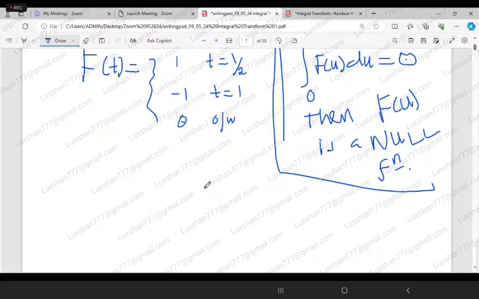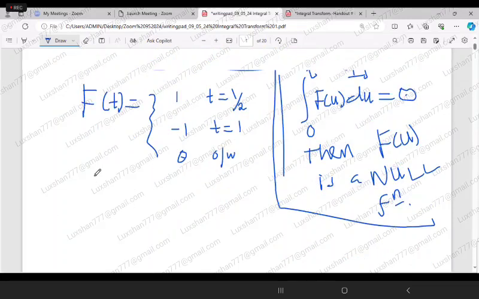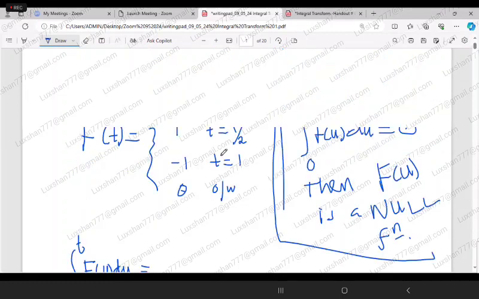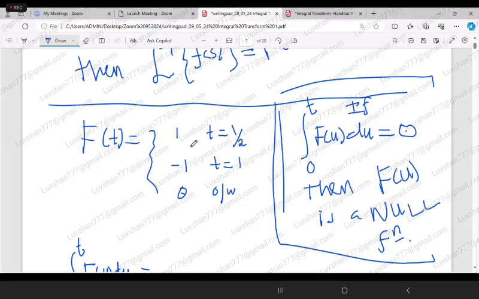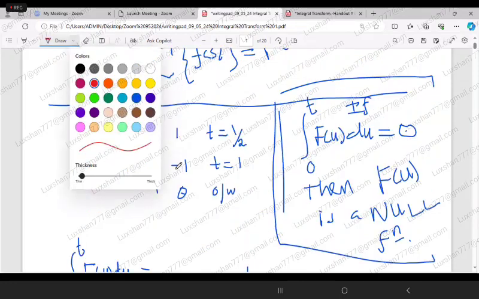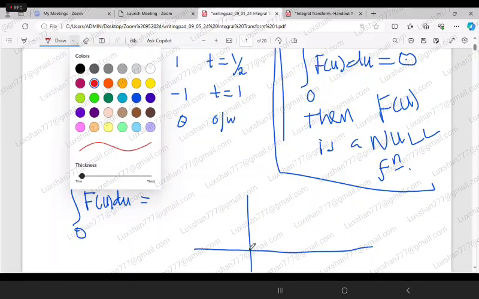So now, if we find the integration 0 to t of F(u) du, you see, when t equals half, the function is 1. When t equals 1, the function is minus 1, otherwise 0. So if you draw this function, it will be like this. When t equals 0, the function is 0.